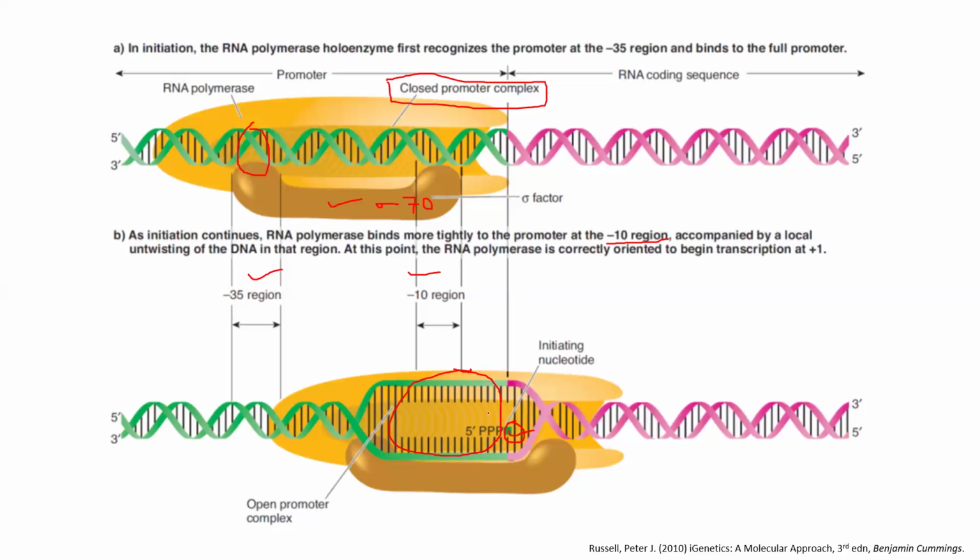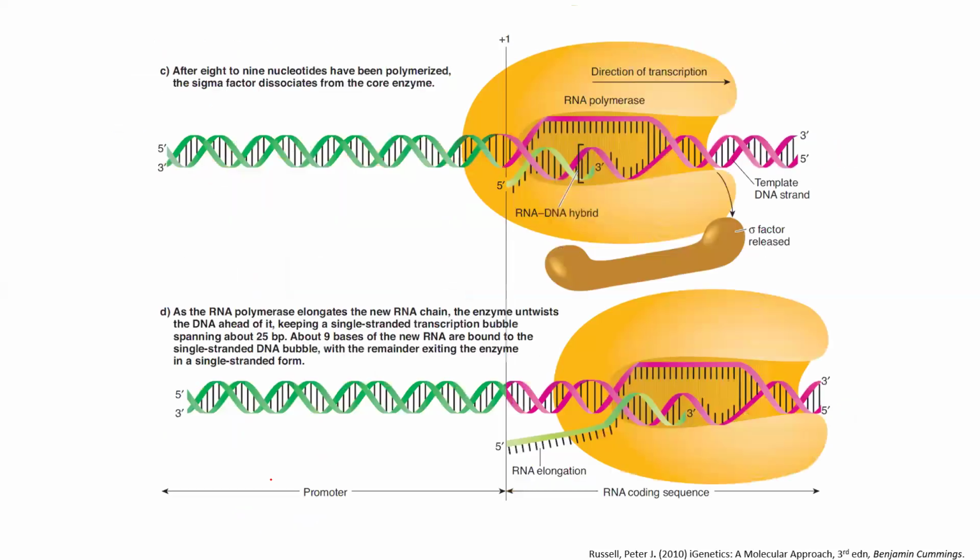Once the denaturation has happened and the mRNA synthesis begins, let's see what happens next. By the way, this step is called the open promoter complex because the denaturation has happened. In the next step, after 8 to 9 nucleotides have been polymerized, you will see that the mRNA synthesis has begun, and sigma factor dissociates from the core enzyme.